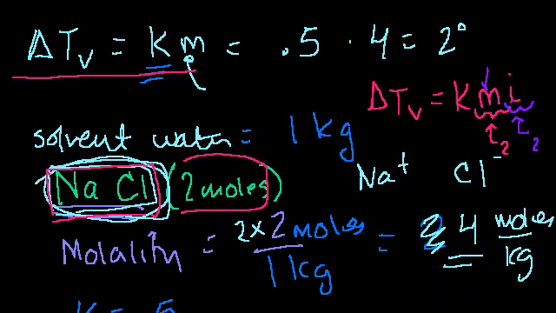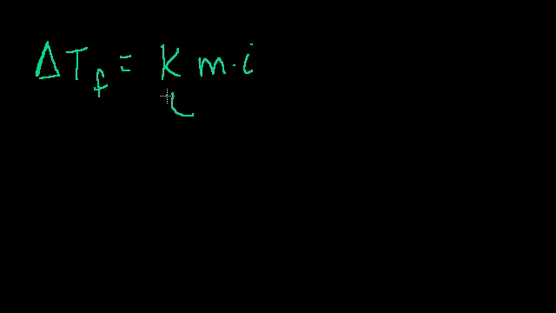Now, freezing point is the same thing. Change in freezing point is also proportional to the molality. And you could either say the molality of the original non-in-water compound times the number of compounds it disassociates into. Although this K is going to be different for freezing than it is for boiling. And of course, this K changes at different pressures and for different elements.